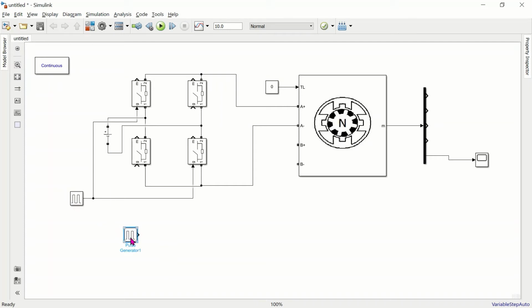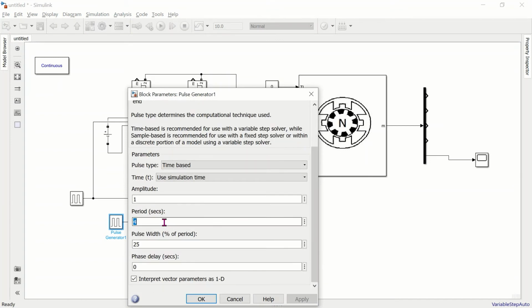So the other pulse, we can make another pulse generator. So this we have to switch on at the time of 2 seconds.